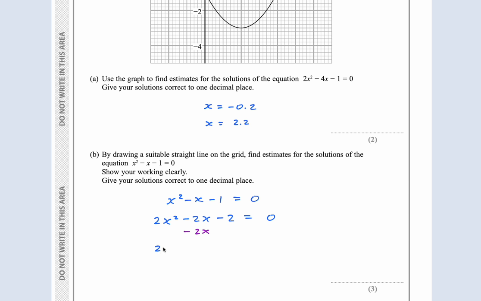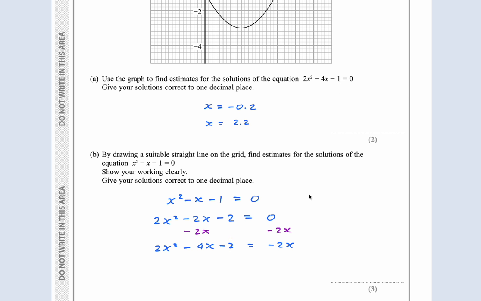Now again, guys, I appreciate this is not easy. So minus 2x minus 2x is minus 4x. But if I'm going to subtract 2x from the left, I have to subtract 2x from the right. So this is now minus 2x. And finally, this is minus 2, but this is minus 1.